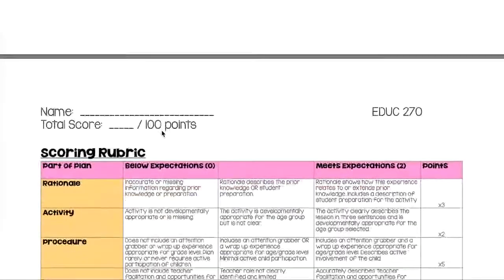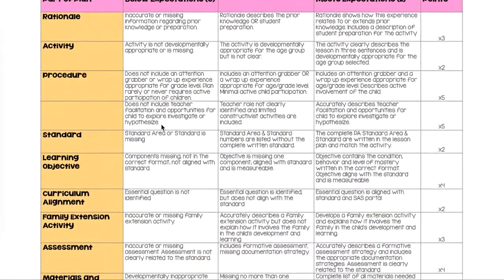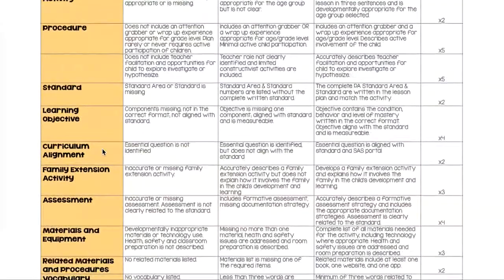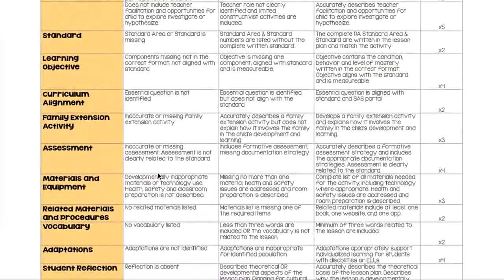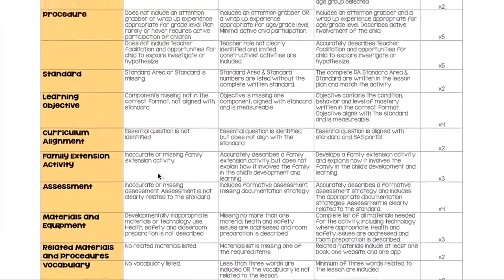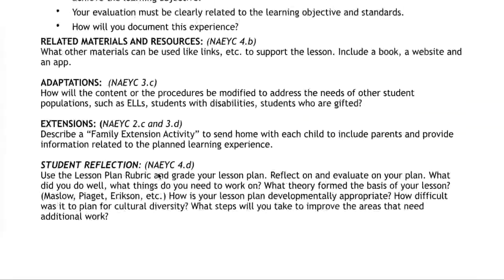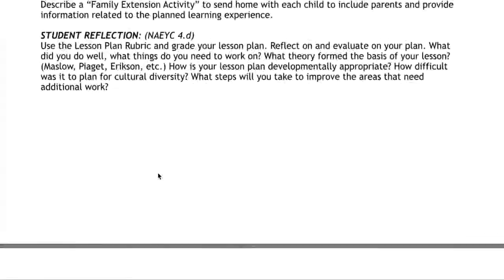This is our lesson plan project. Here is the rubric you'll be graded on. I'm not going to read the rubric to you, but what I need you to do is when you do your plan, look at each of these and you'll see it's very specific as to what I'm looking for. If you follow all the parts, you will get all your points.